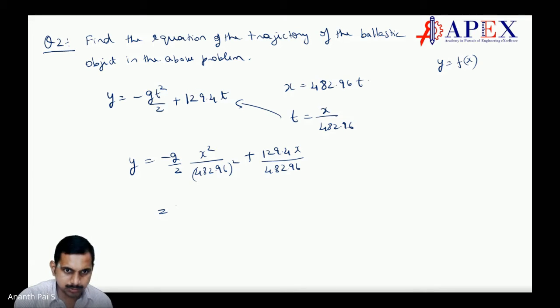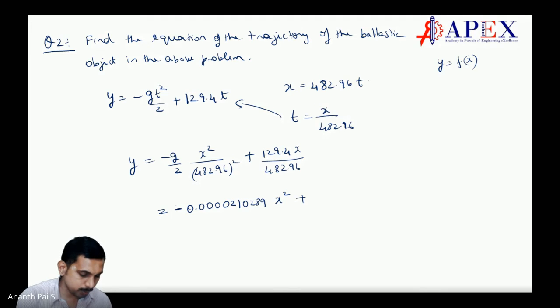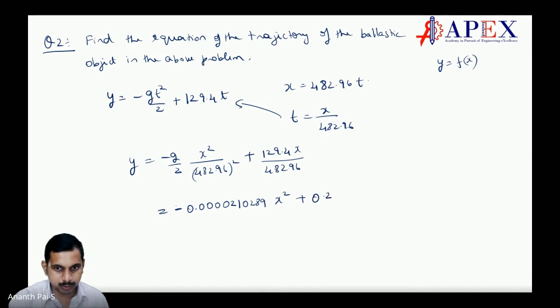the answer comes as minus 0.00002100289 x square plus 129.4 divided by 482.96. So the answer comes as 0.2679 x. This is the thing.